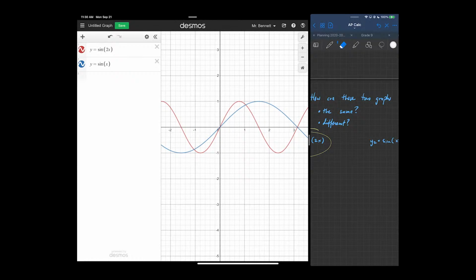So when I multiply, we call this the argument, the x in there, the thing that's in the brackets, when we multiply that argument by 2, that has a tendency to compress it. Okay, so the larger our value is, the faster that goes.